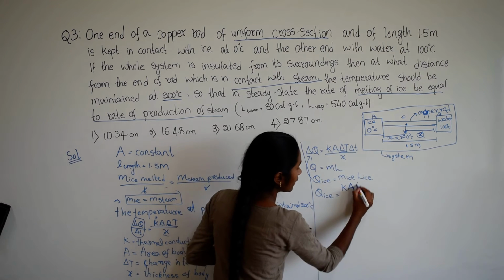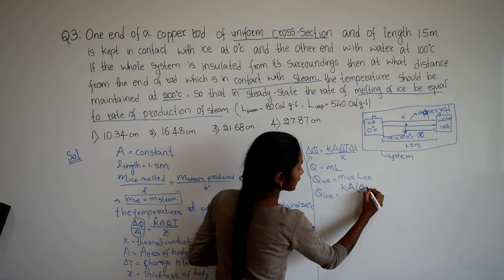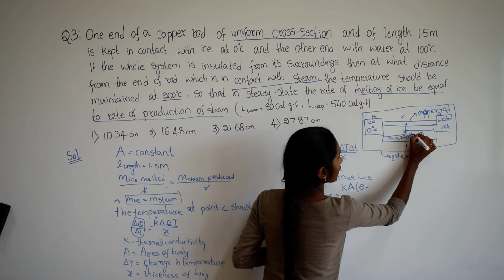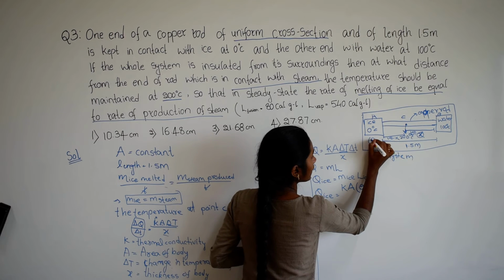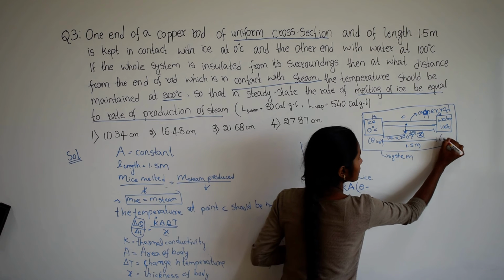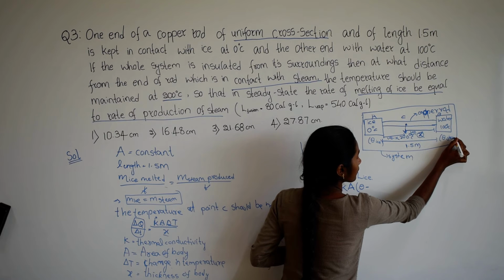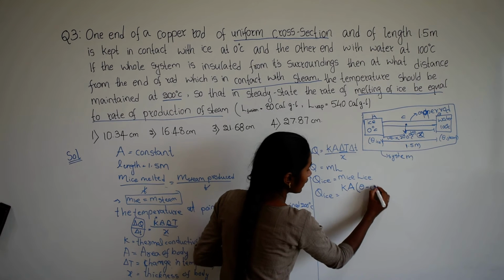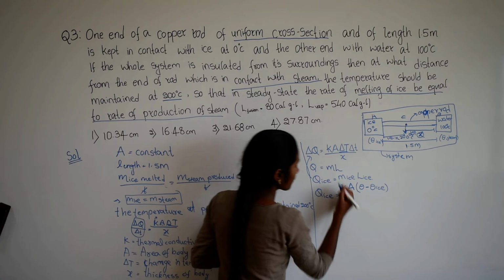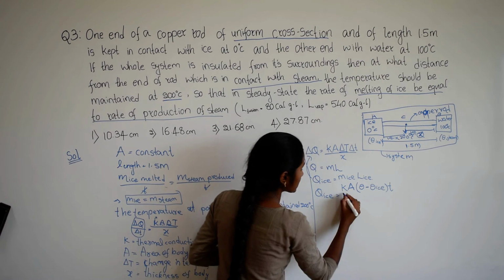And delta theta will be the difference of the temperatures, theta of ice and theta of steam. So for ice it will be theta minus theta ice. T will be constant.